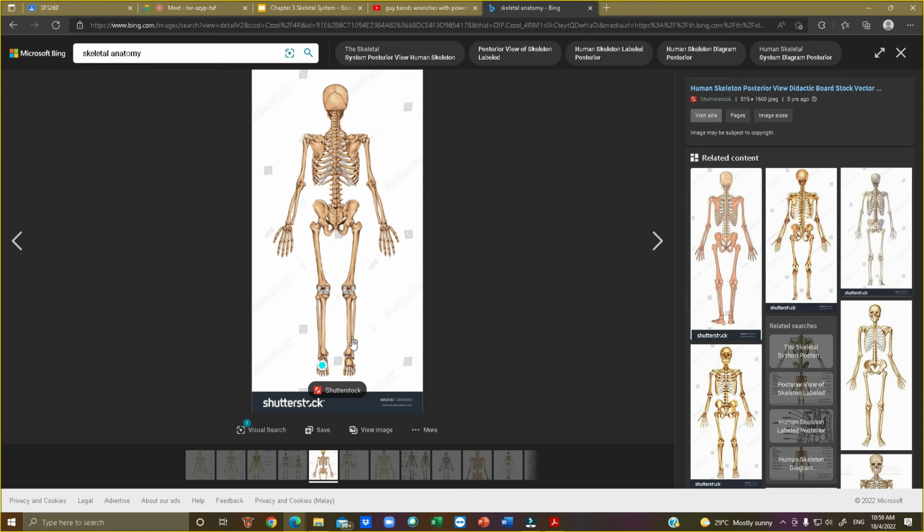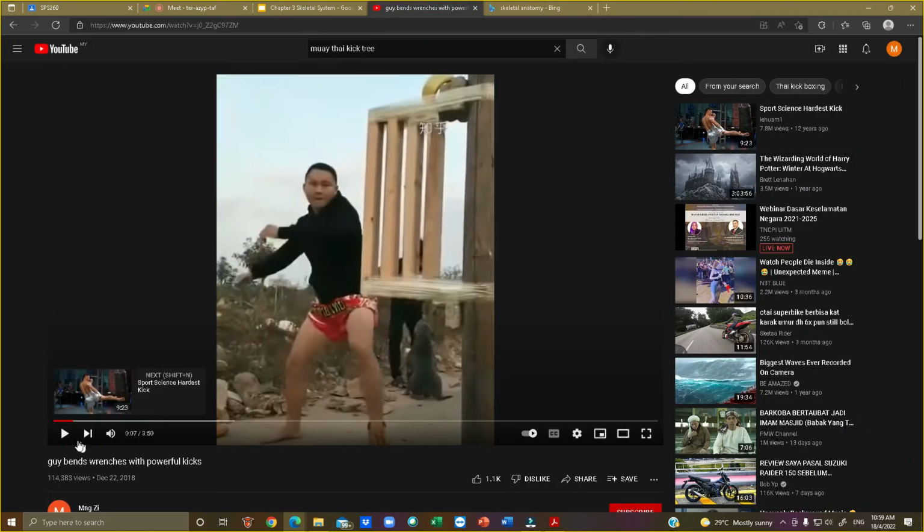Same goes as your tibia and fibula, meaning it is good at compressive from top and bottom. But this fella will show you differently.